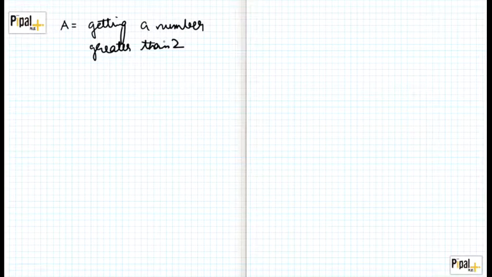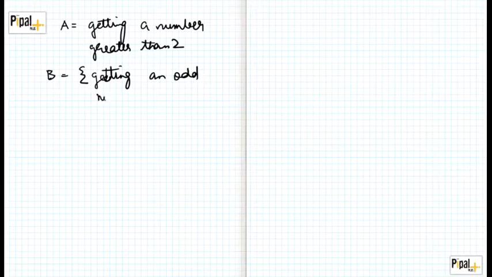Then let's define a second event B, which is getting an odd number in a throw of a dice. So we've defined these two events A and B.